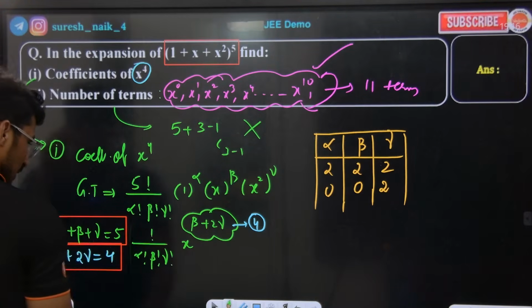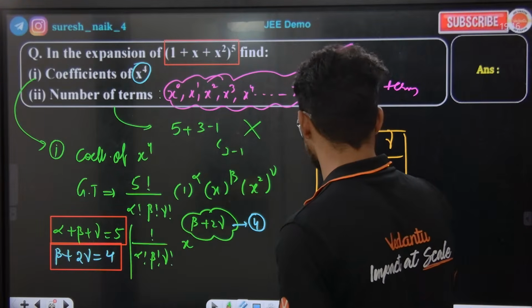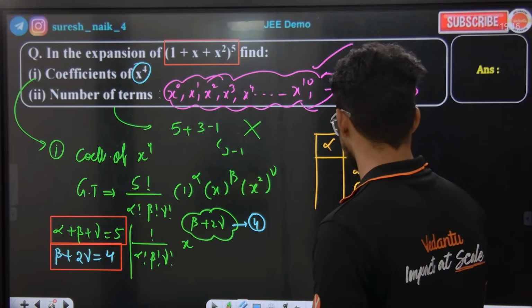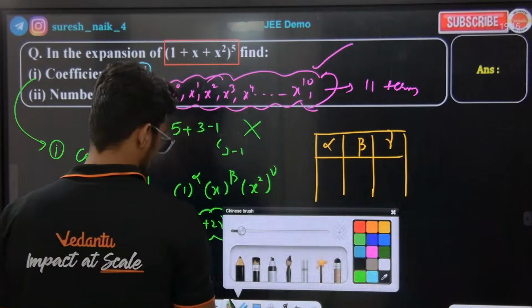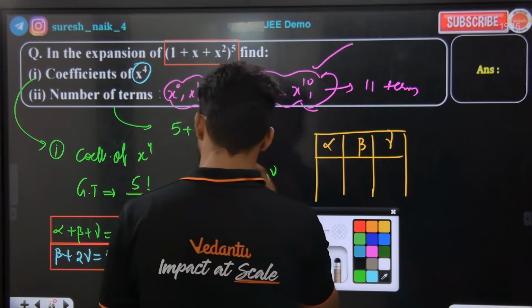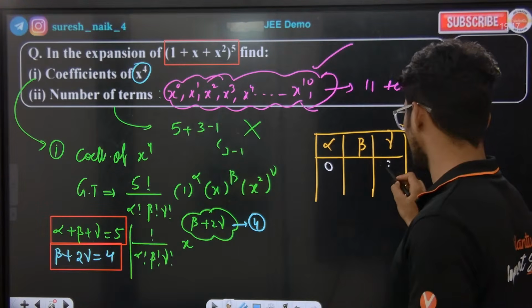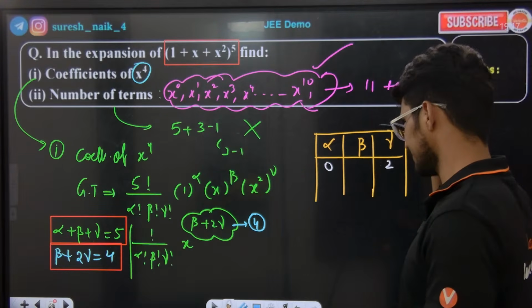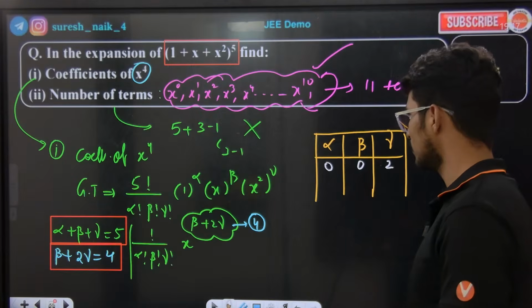Okay, yes or no? Now tell me the possible combinations. So this should be 0, this should be 2, this should be 0.